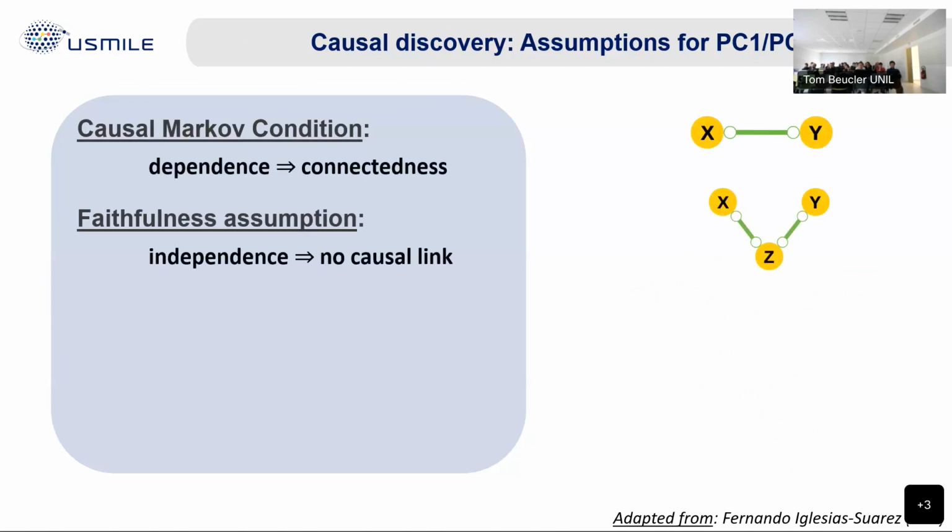Theoretically, the causal graph should correspond to the d-separations in the data, but a more plain way of putting this is that whenever y depends on x, they should be connected in the causal graph.